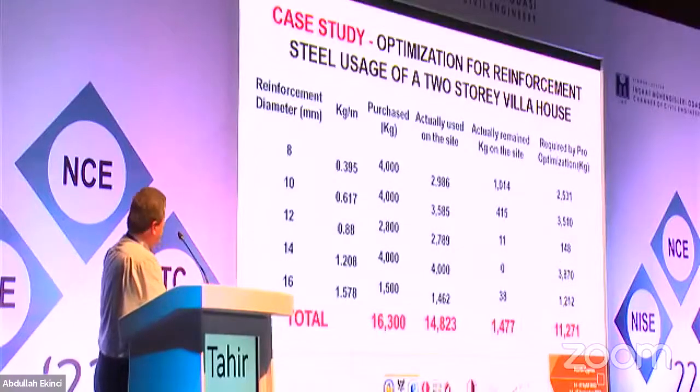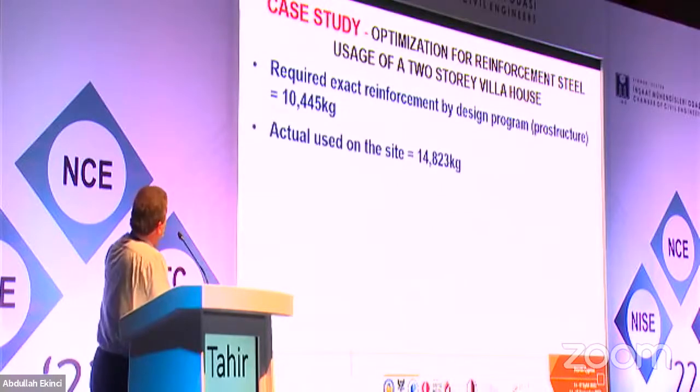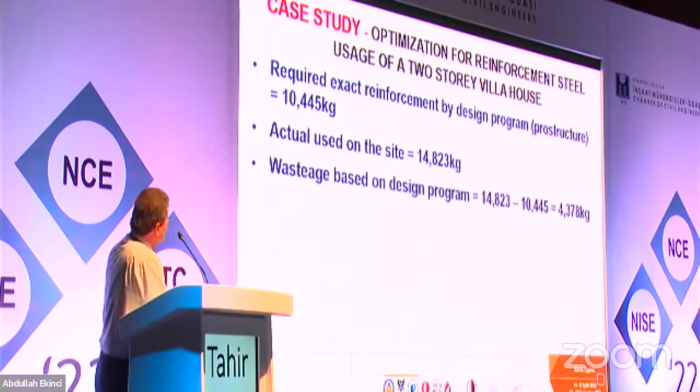So what we could obtain here: the exact reinforcement required by the design program, which I used to design the structure, is 445 kilograms. Actually used on the construction site is 14,823 kilograms. Waste rate based on the design program is that much.